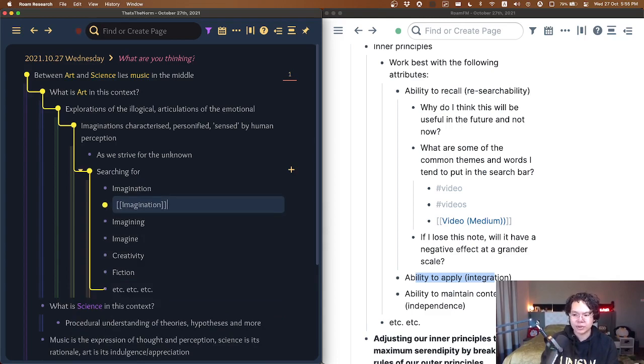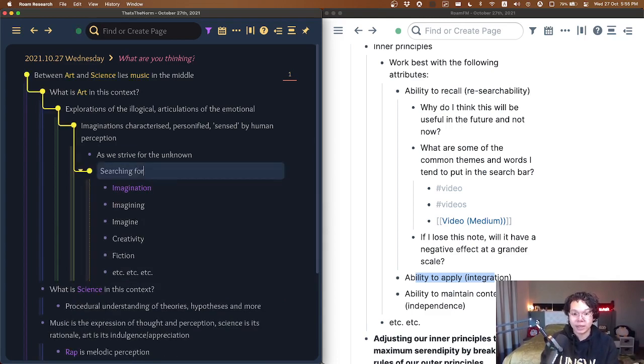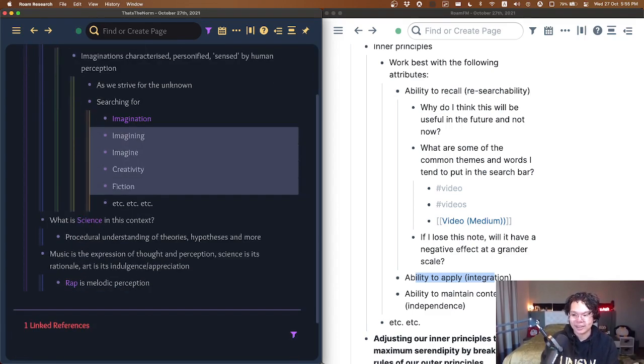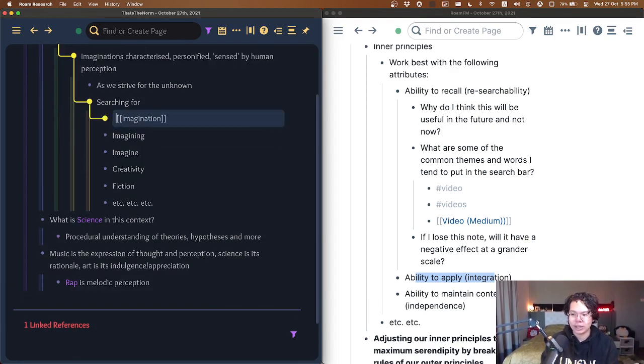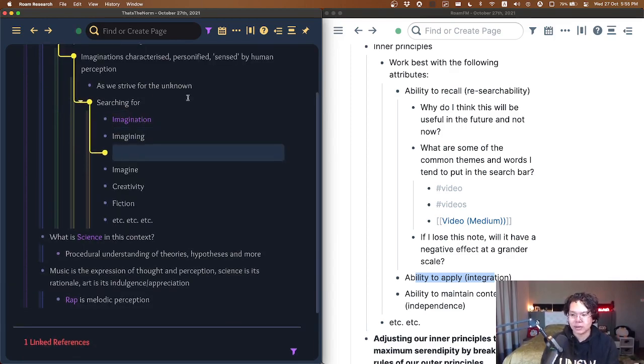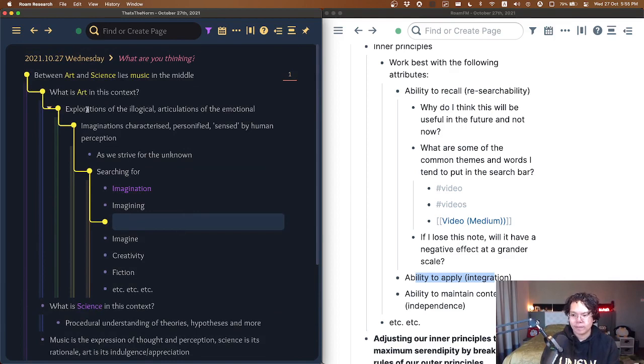My inner principles dictate that there could be something here. So if I go to here and I say imagining, what is the relationship between the word imagining, the word art, and the word music? And I go here and just put it under a child block, and I can just format that later.